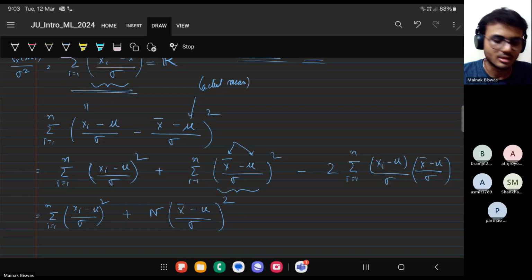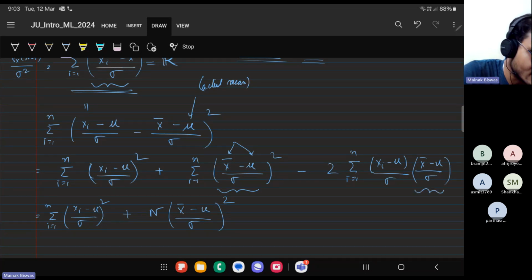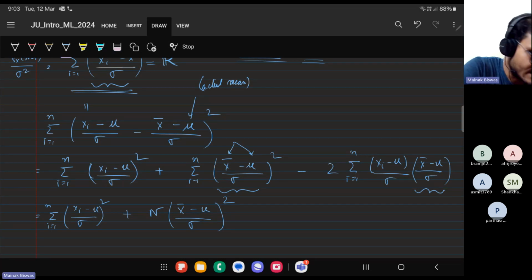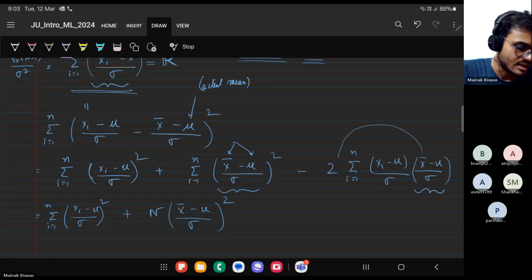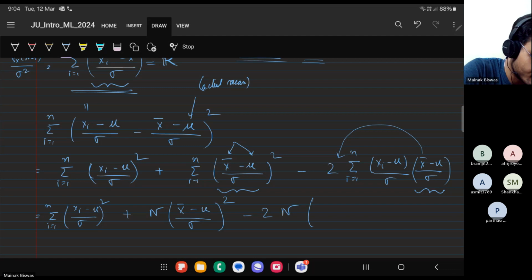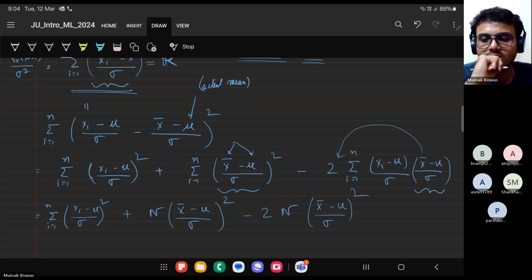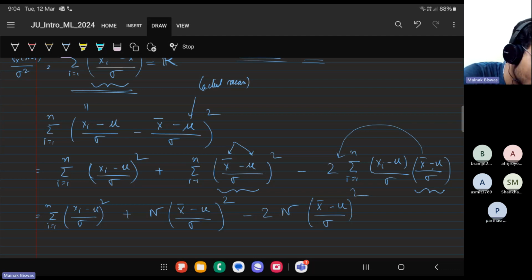In this term, this is a constant again, it does not depend on i. I can take this out and I'll get minus 2n. Why would it be zero? Because mu is the actual mean, while x bar is a random variable.